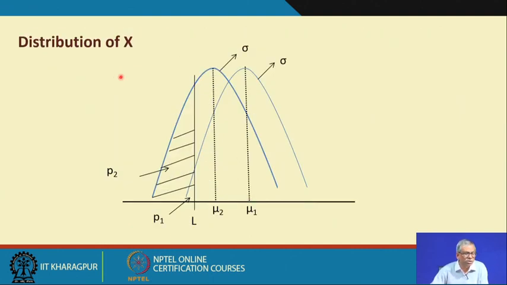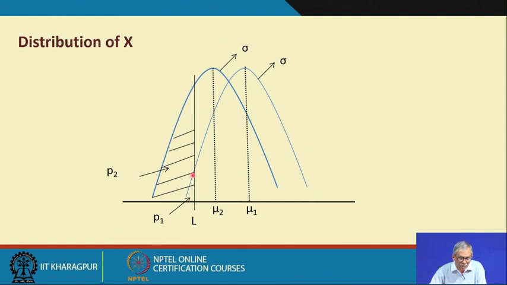Here you are getting the distribution of X. This is the distribution of X, with standard deviation sigma, the process standard deviation. Suppose this is a lower specification limit case.